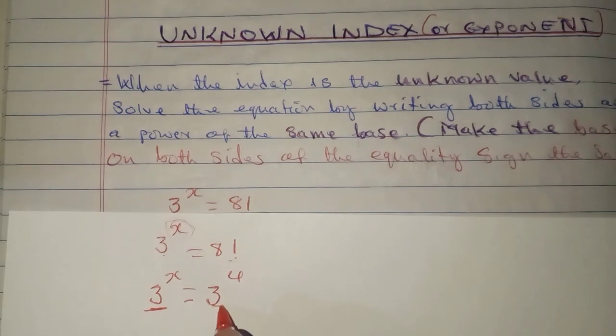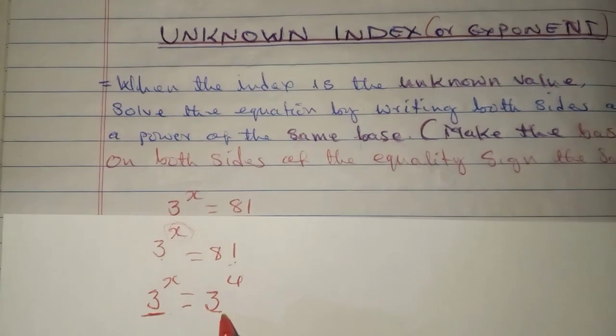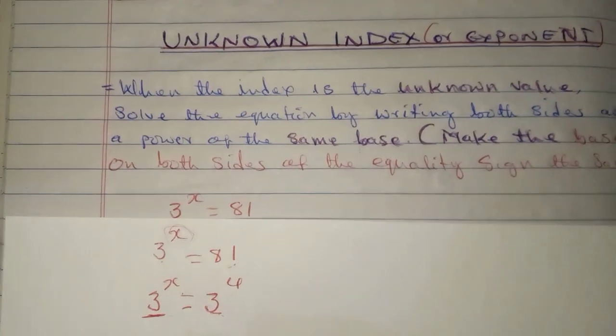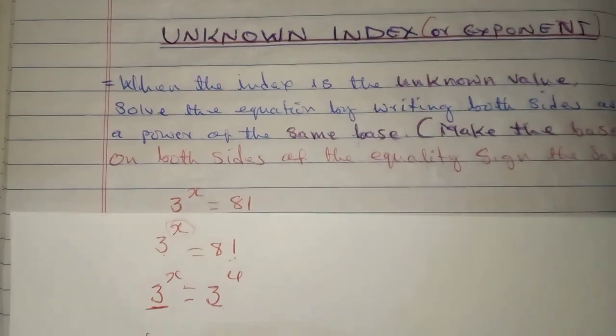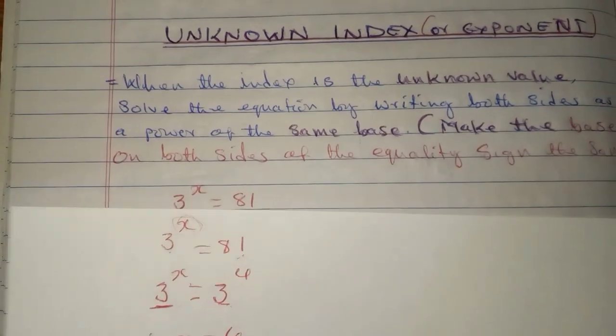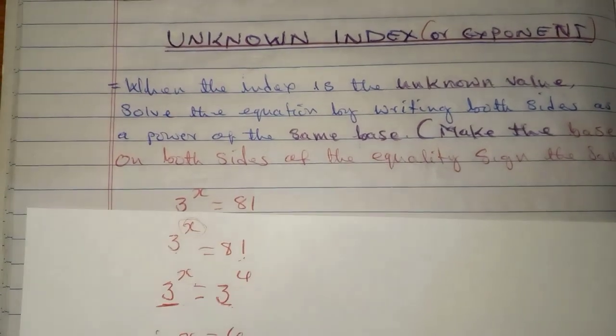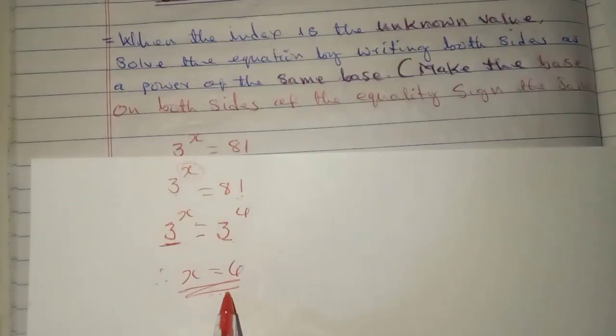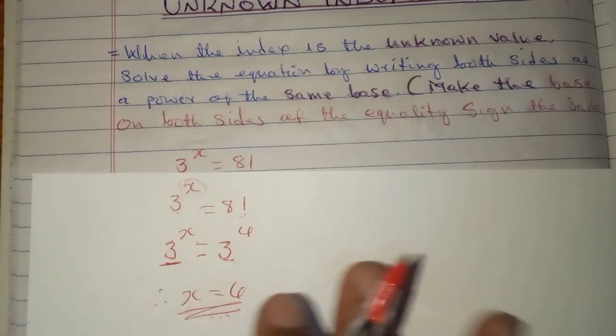This base and this base are the same. When the bases are the same, we have already found the answer for the x value. So we come and say, therefore x is equal to 4. You have solved for the value of x, and you have done your work. This is how simple this equation is. That's how we go about it.